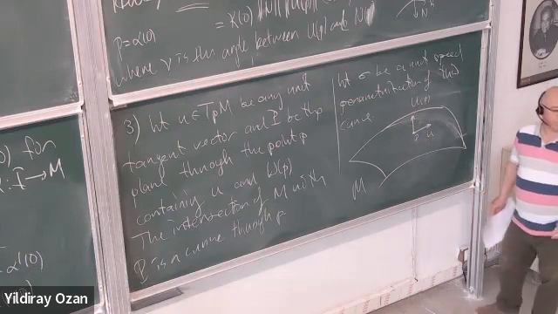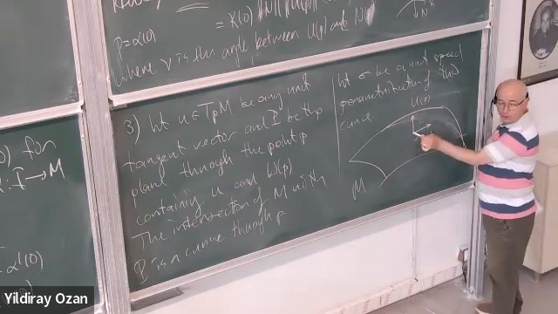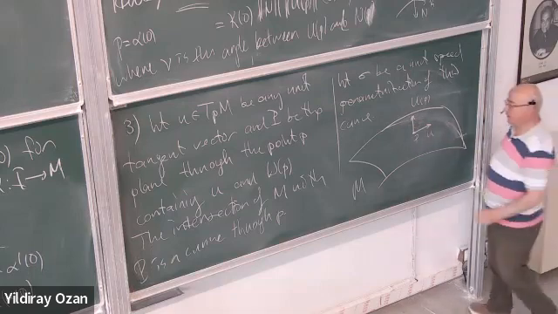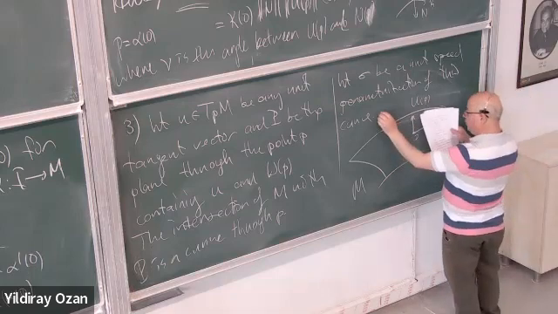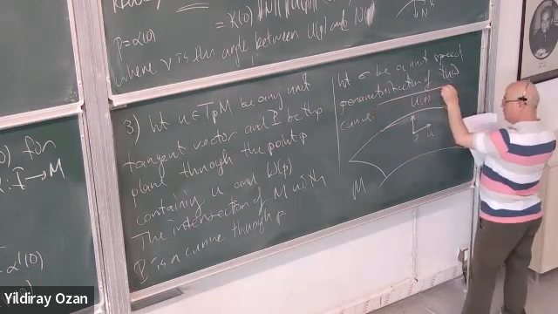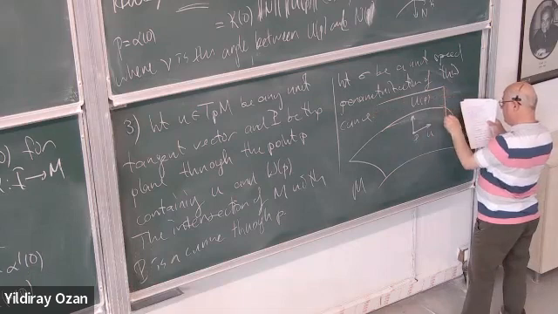There's a unique plane, of course, going through this point and containing these two vectors, right? Let me draw that plane here also, so a plane like this.